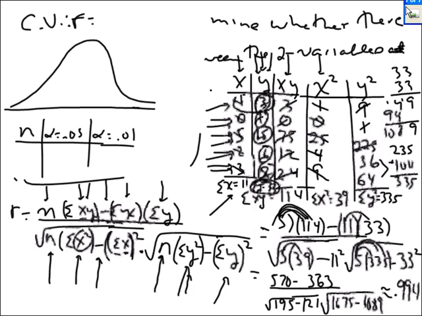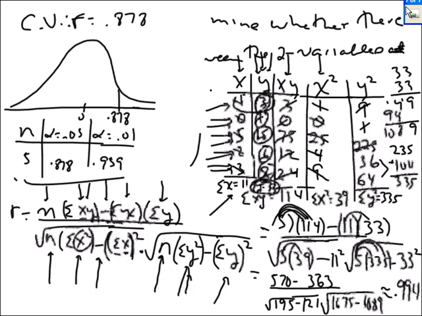So now I go to n equals 5. And across n equals 5 is 0.878 and 0.959. Remember, zero's in the middle. So 0.878 is our critical value, our cutoff value.